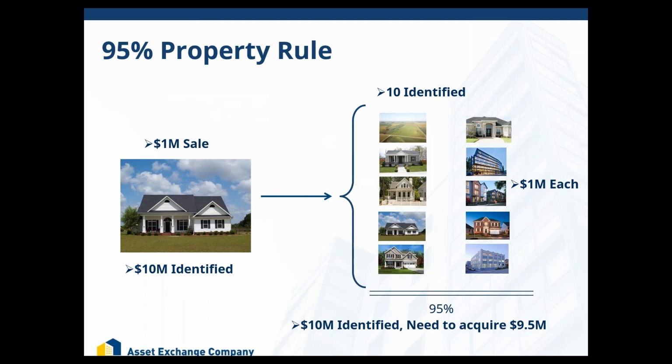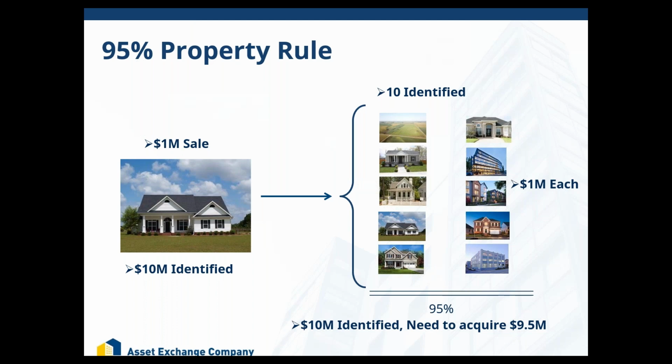And you know what? We're using really simple numbers. We're saying, hey, each one of those purchase prices are going to be $1 million each. In the real world, those purchase prices are going to be all over the map, right? It's going to be really hard to sit down and say, okay, let's see. If I buy this property, wait, that's only going to put me at 93%. Okay, let's see. Maybe I need to make sure I purchase this other property. Oh, that's only going to put me at 94%.